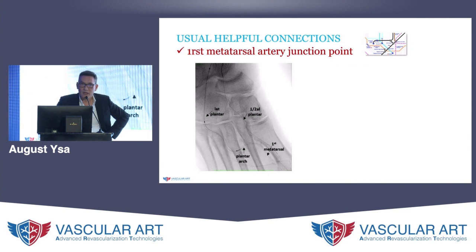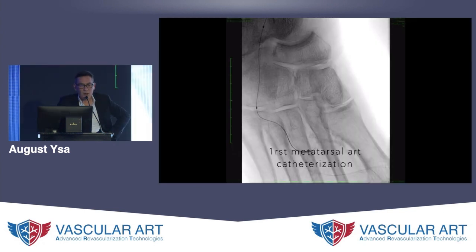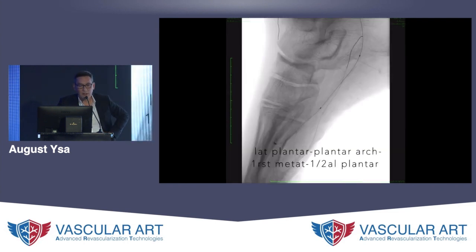The second typical connection we use is what we call the junction point at the level of the first metatarsal bone, because there is a connection of the dorsal and the plantar system and the medial and the lateral plantar. So look at this. This is a wire coming from the lateral plantar into the plantar arch, first metatarsal, and getting back into the medial plantar.